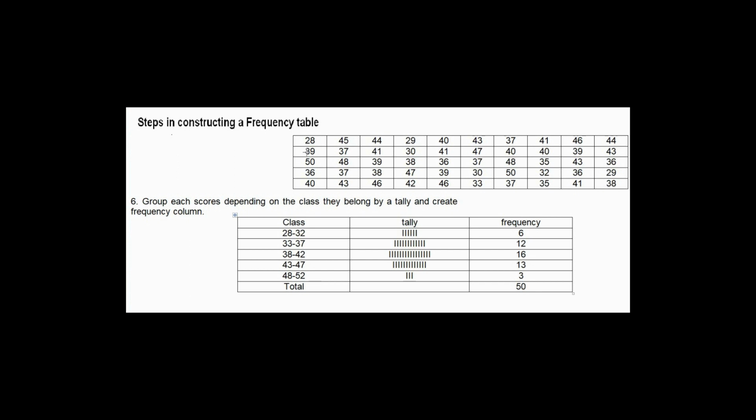Second, 39. What particular group should I include 39 in? You're correct, that is the third class, because the coverage of the third class is 38 to 42. So all you have to do is to make another marking here. Next, 50. Where should I place 50?